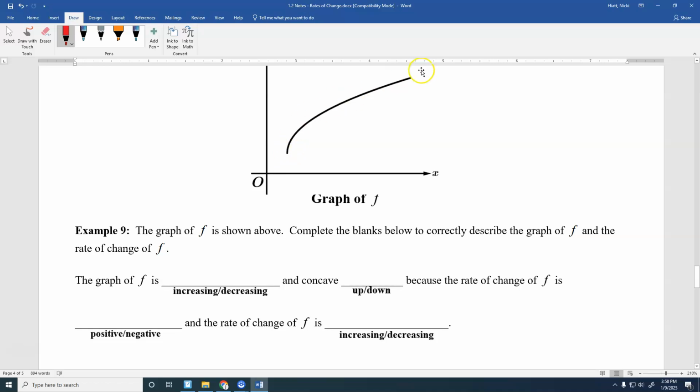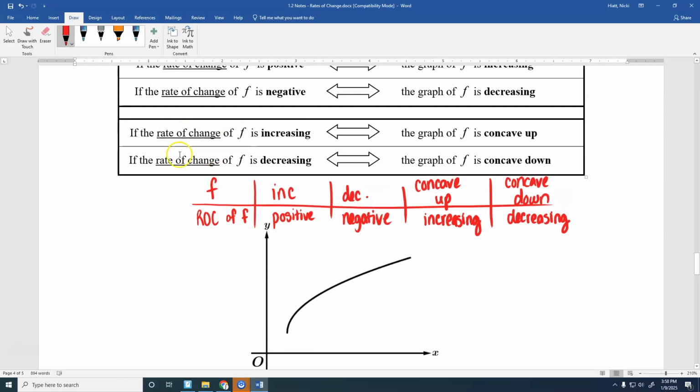As you go from left to right, f is increasing. And concave, in this case, this is concave down. Because the rate of change of f is, and then it gives us options here. So knowing that the graph is increasing means that our rate of change is going to be positive.